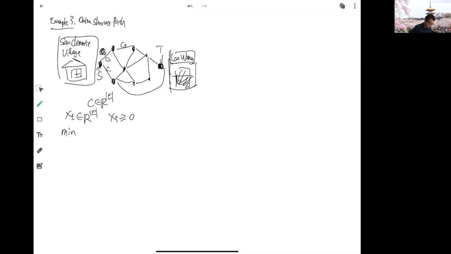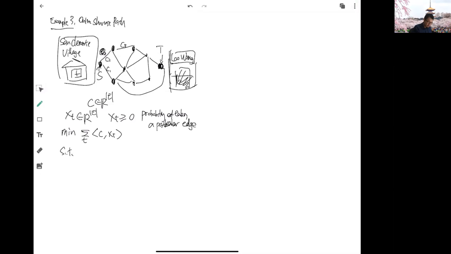Since we want to minimize the cumulative cost at every single time, this xt is your chance of taking one particular path when you are at a junction on a given day. It doesn't have to sum to 1, because you need to take multiple edges to get from S to T, but xt measures the probability over your decision of taking a particular edge as you get from S to T.